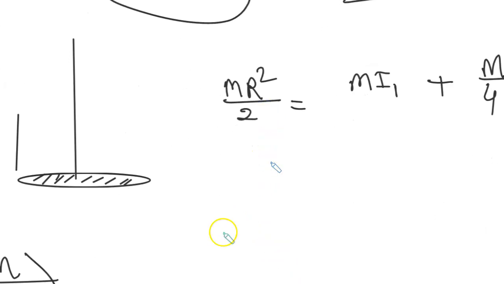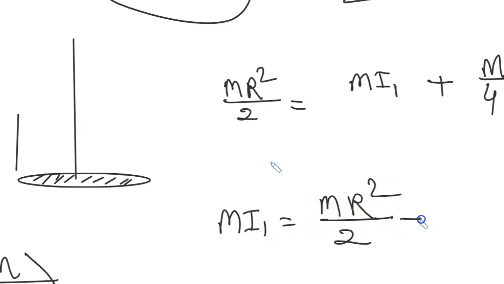So you subtract it. I1 equals m r square by 2 minus m by 32 r square.